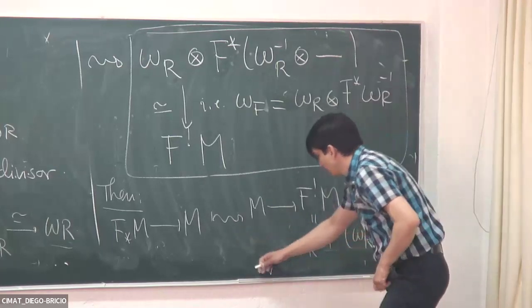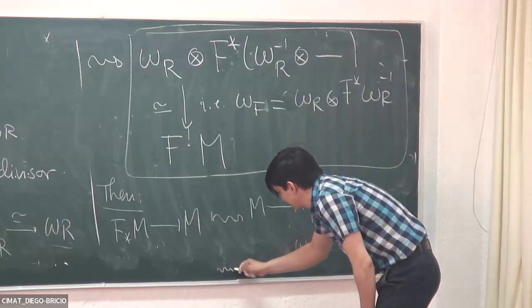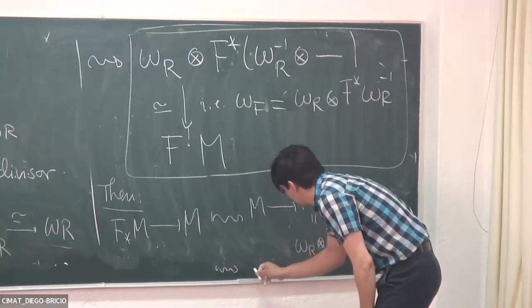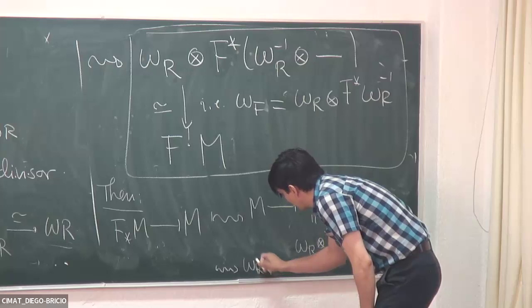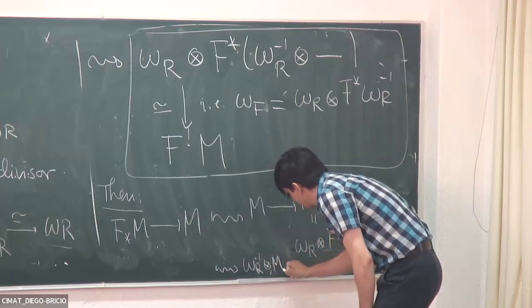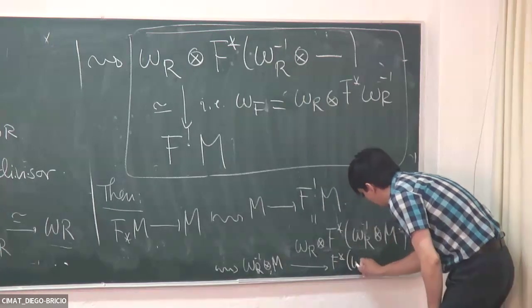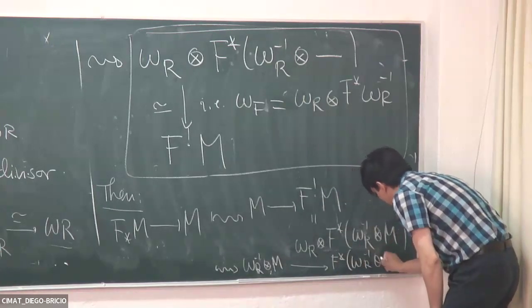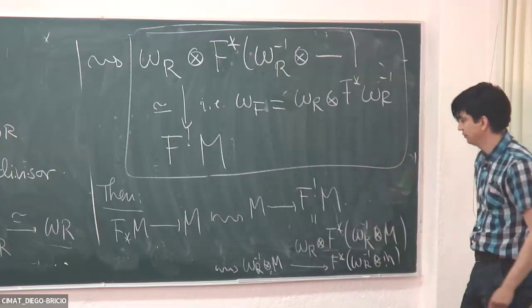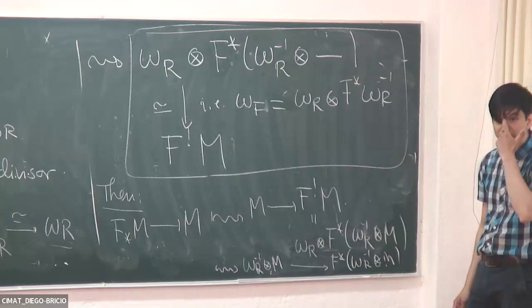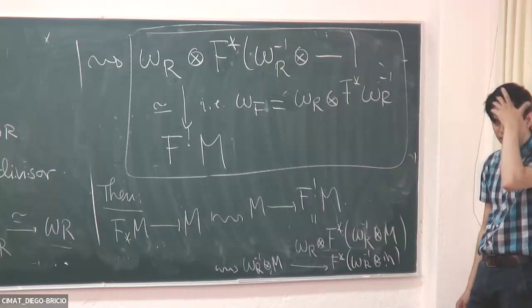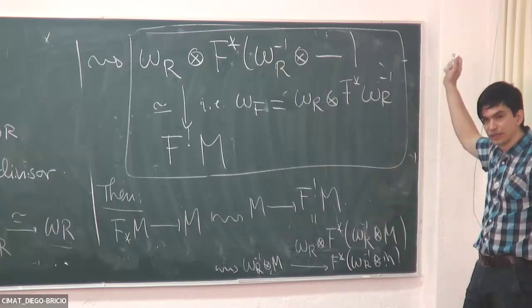So, moreover, this is the exact same data as a map from omega R inverse tensor N to the pullback of omega R inverse tensor N. That's your root. Okay, and then now you can take a limit over that.